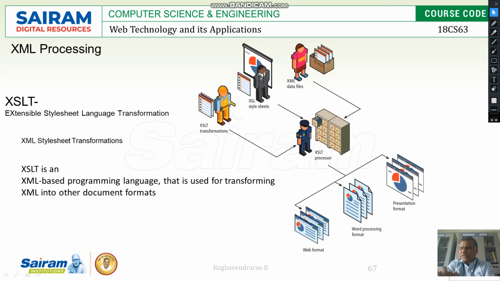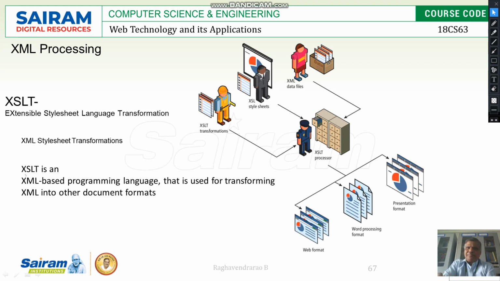All three together you are giving to the XSLT processor, and in whatever format you want to access it, either the presentation format, the word processing format, or the web format, any one of the formats.